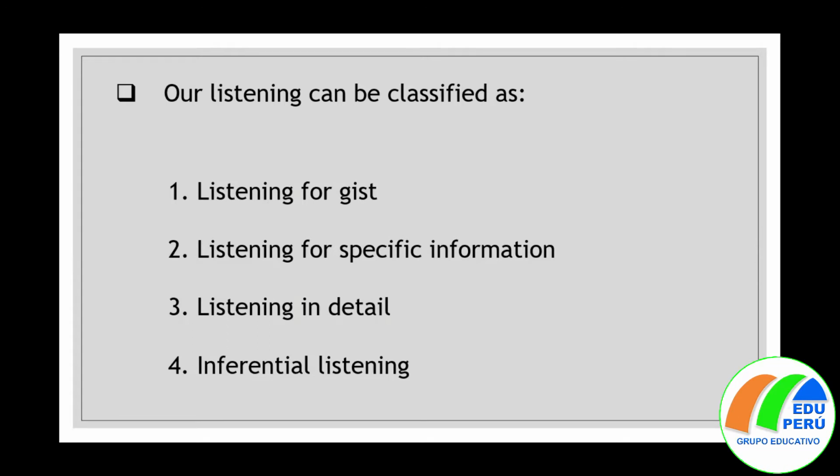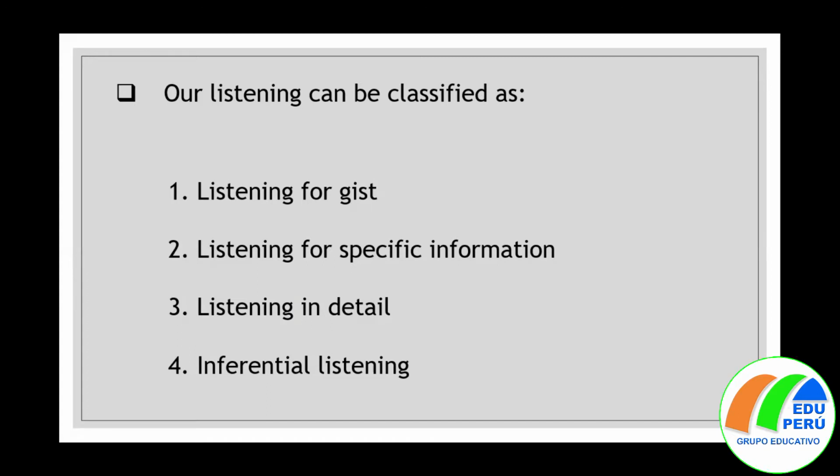We have a lot of purposes of reading, micro reading skills: reading for specific information, reading for gist, reading for pleasure. That's why we have extensive and intensive reading. So we have similar aspects here too.